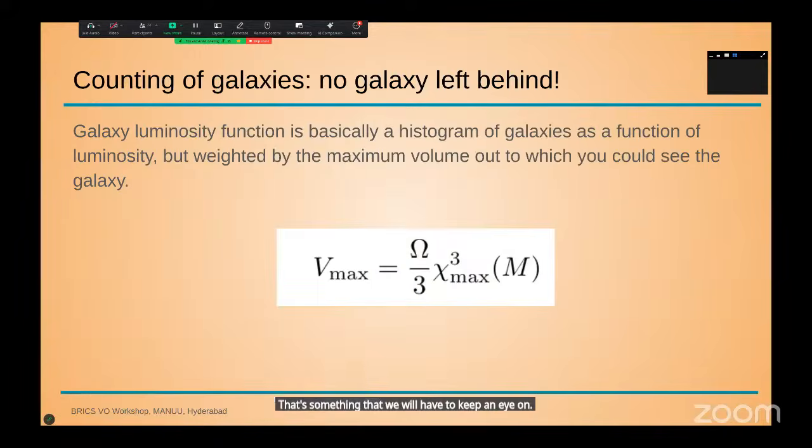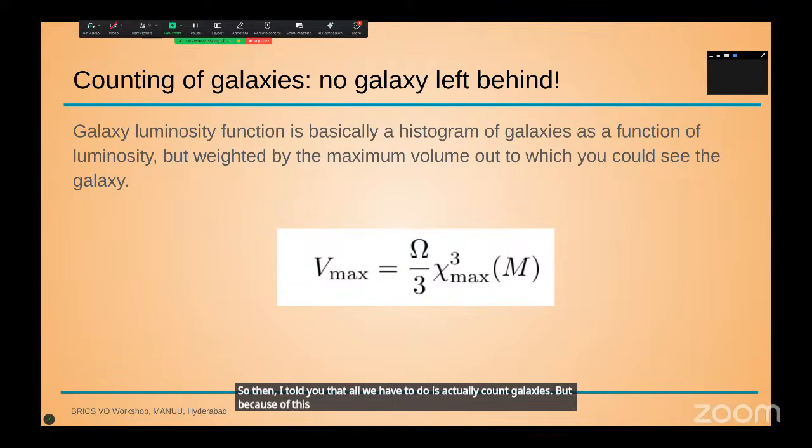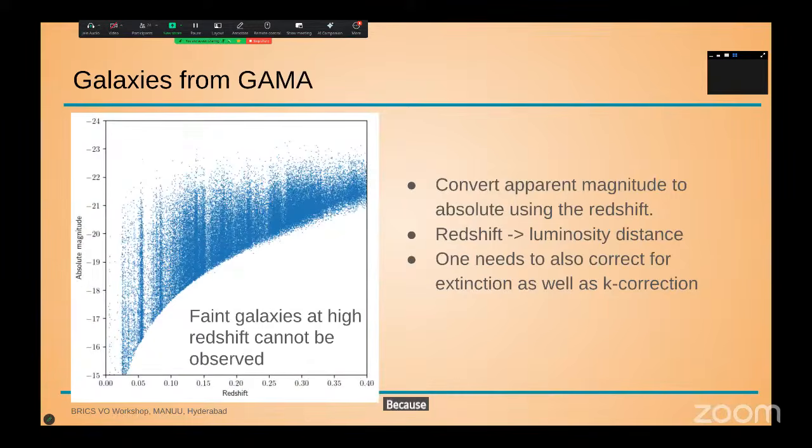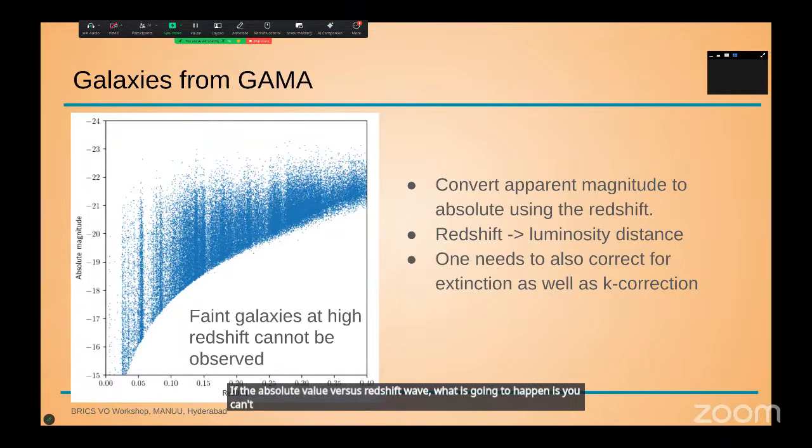So then I told you that all we have to do is actually count galaxies, but because of this behavior, there is a particular flux limit out to which you can see galaxies. In the absolute magnitude versus redshift plane, what is going to happen is you can't see galaxies which are fainter.